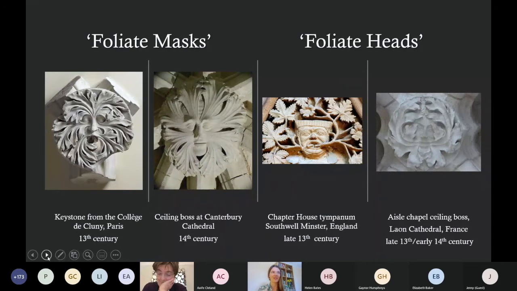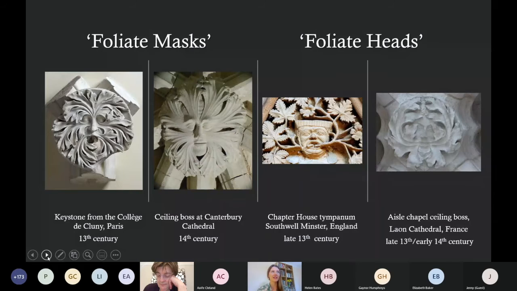Of course, there are always going to be occasional figures that break the mould and transcend classification, occasionally appearing as an amalgam of both head and mask. And they're really great when they do. They're really fun to spot. And there are also examples of full figures, not just heads, but heads attached to bodies. But these are quite rare.